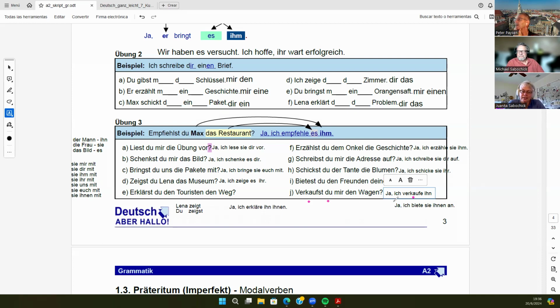You transpose the question: being asked if you sell it, you said, yes, I sell it. Now we already got what you're selling. You said I'm selling the Wagen, so it is ihn. So what's missing? To me.